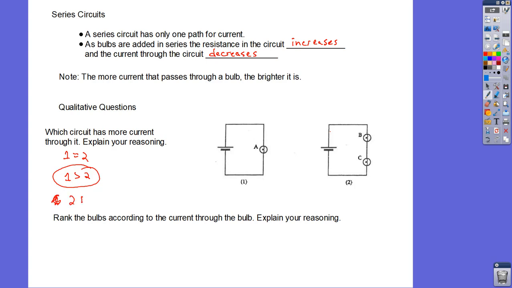we could say 2 has more resistance due to the second bulb in series.